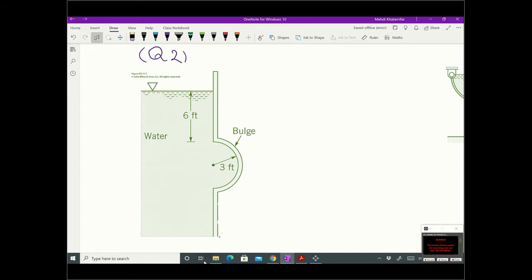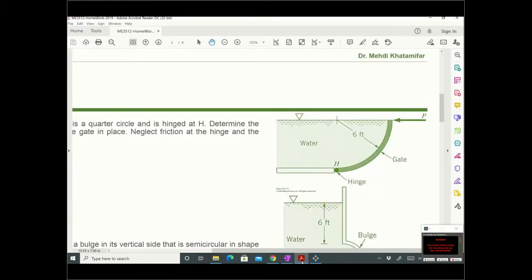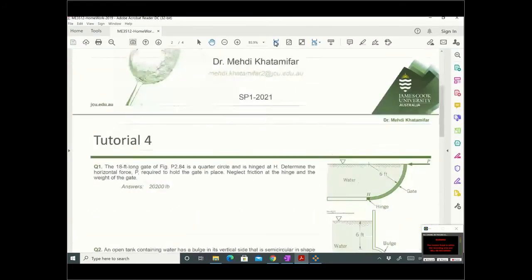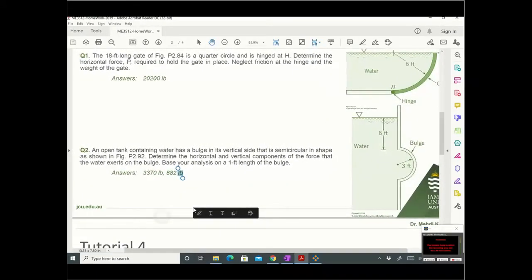The question says find the horizontal and vertical components of force that water exerts on that object. So the horizontal and vertical force applied on that circular shape.